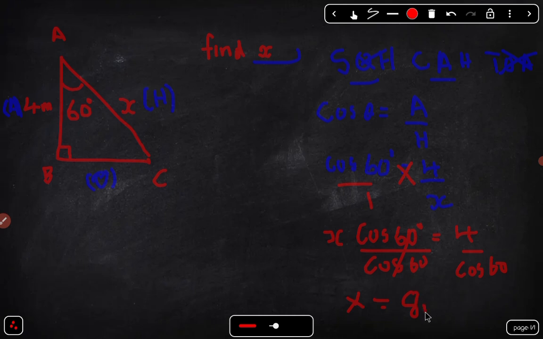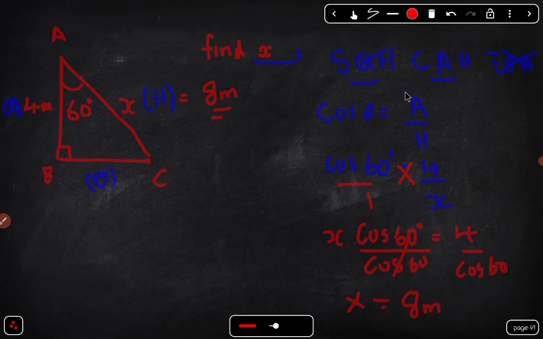So this will be 8 meters. So you can say therefore the hypotenuse is 8 meters, and that is how you can calculate for this side. So we've used cos theta is equal to adjacent over hypotenuse to find the 8 meters.